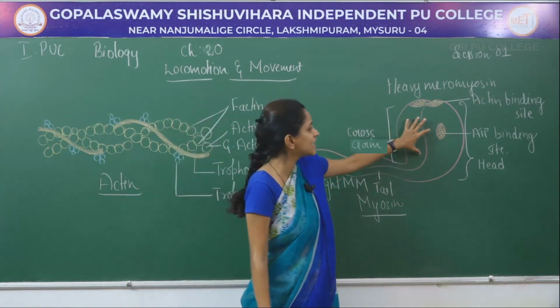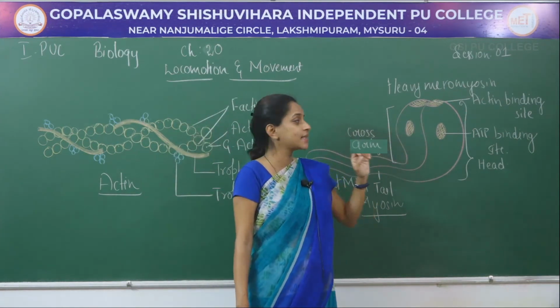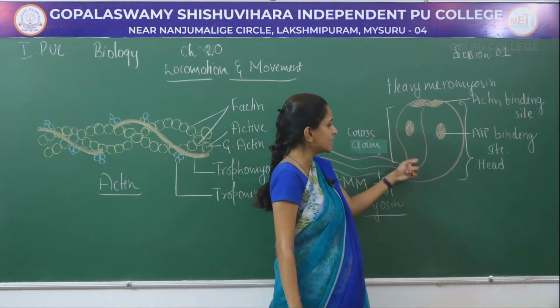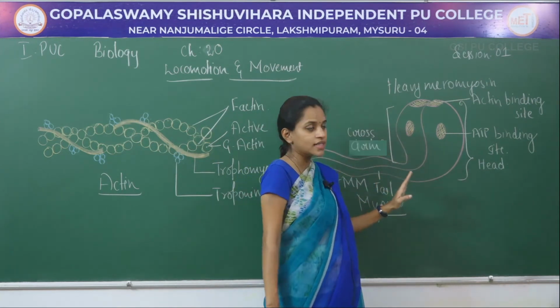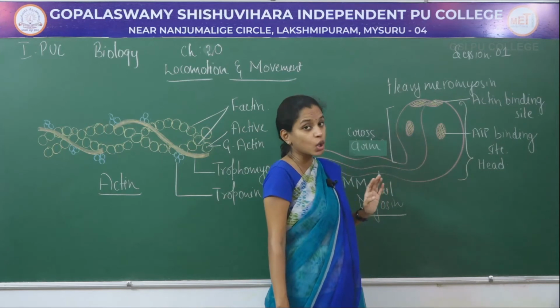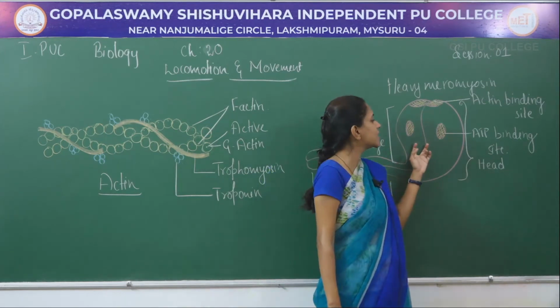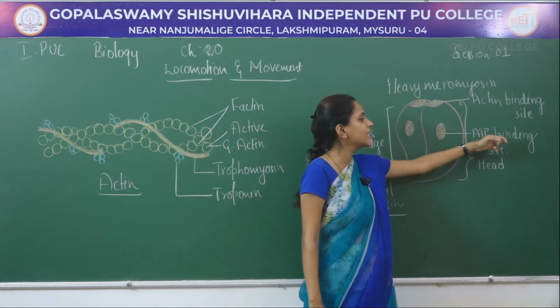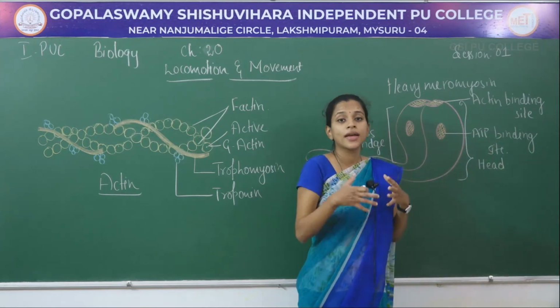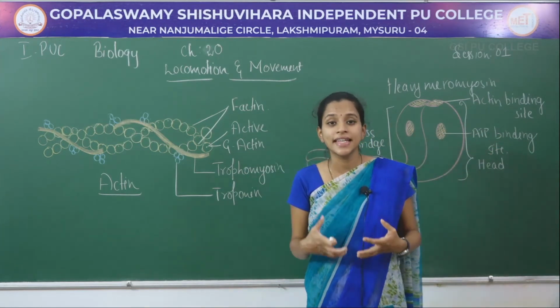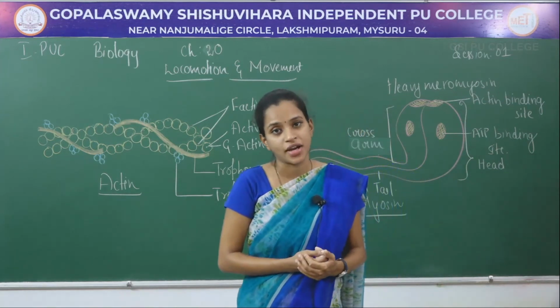The head region has two chains, two heads and two tails, which are tightly closed together. In the head region, there is a centrally placed ATP binding site. So myosin requires ATP for muscle contraction.